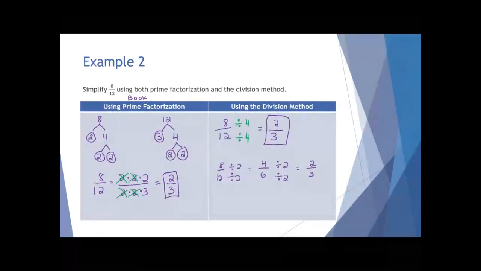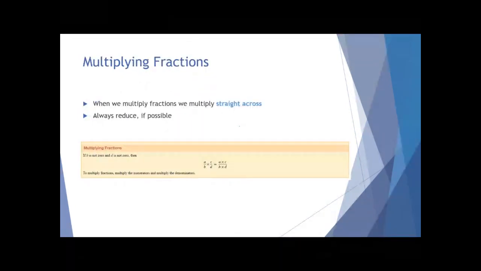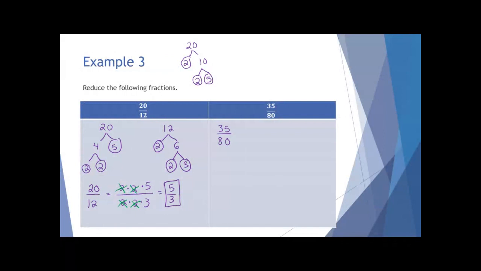So I can divide both of these by 5. 35 divided by 5 is 7. 80 divided by 5, I'm using my calculator.